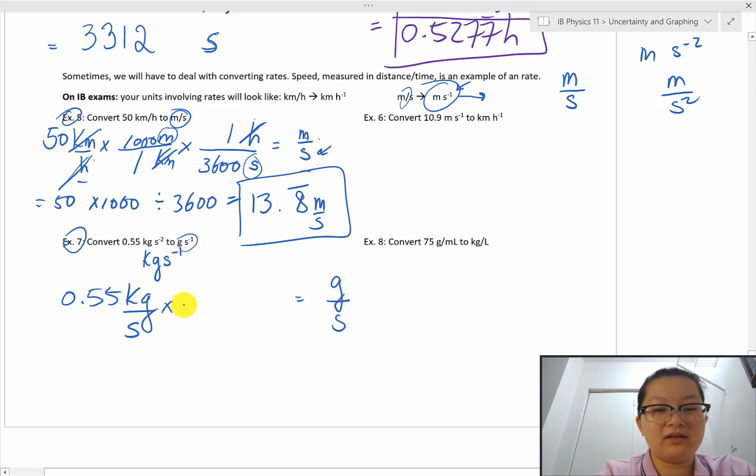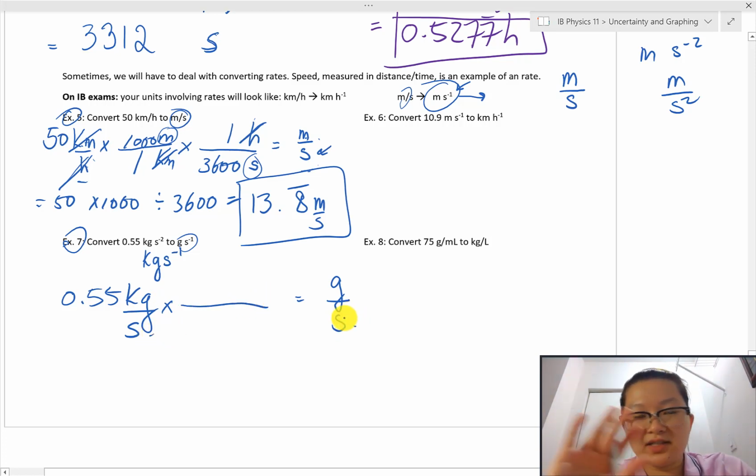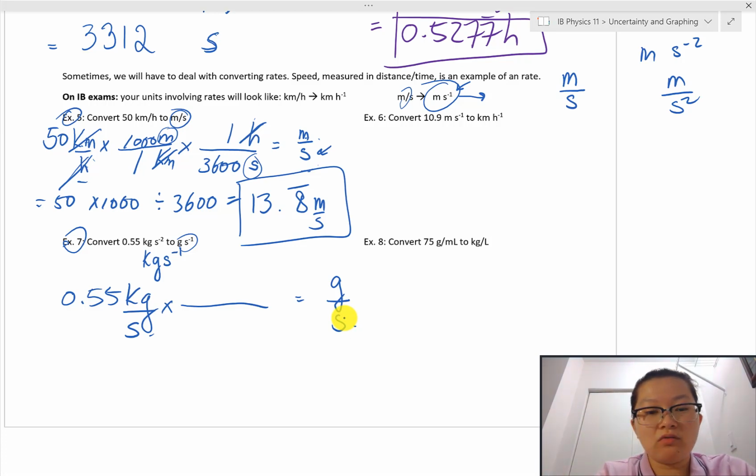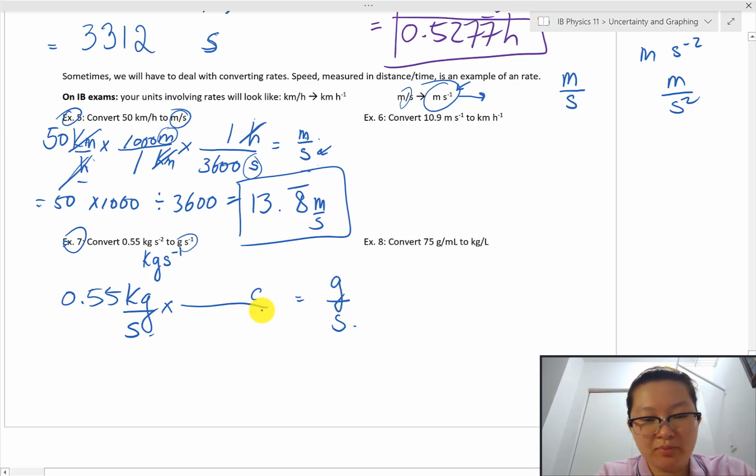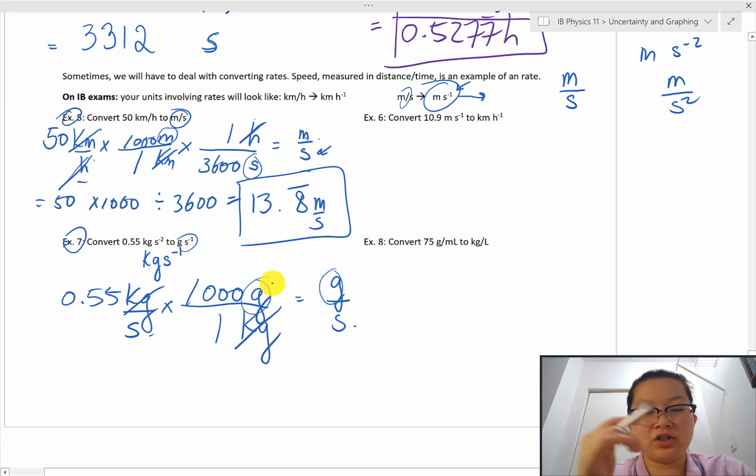So, hey, look, we have seconds on the bottom, seconds on the bottom. We don't need to worry about seconds anymore. We just need to worry about kilograms to grams. So we want grams on top, and to get rid of kilograms we put kilograms on the bottom. We know there are 1,000 grams in 1 kilogram, so with that as our conversion factor, the kilograms cancel, leaving us with grams on top, which is good.